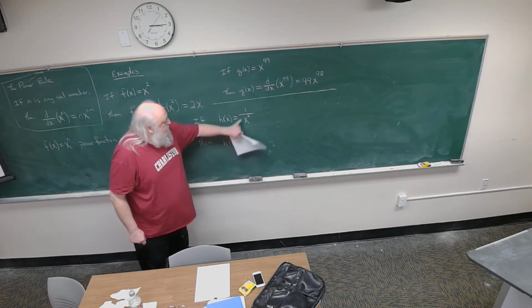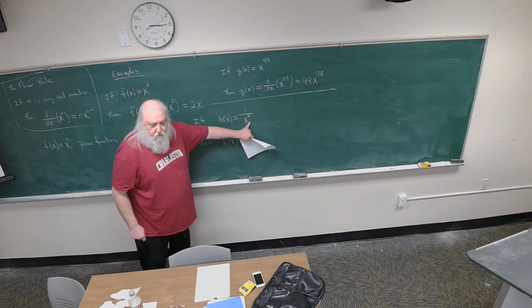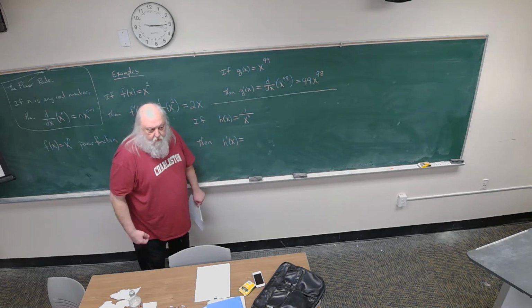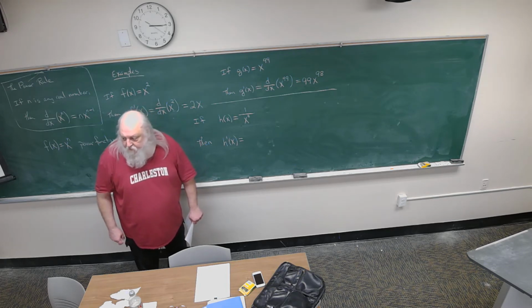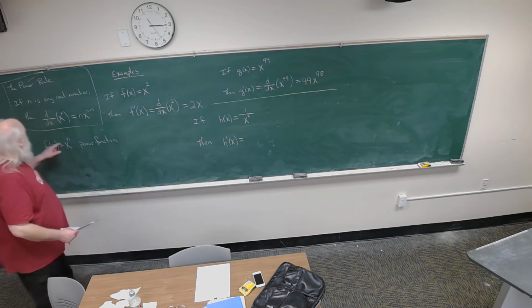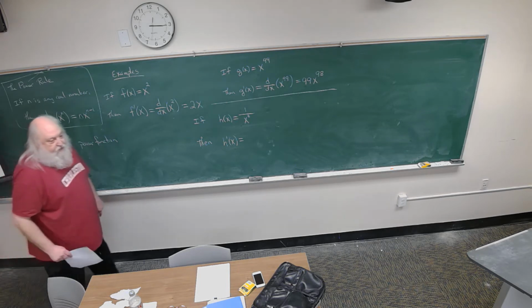Is h prime of x equal to 1 over, bring the 8 down in front of the x and subtract 1 from the exponent? Is that how you find that derivative? Or do we have some work to do before we can find the derivative? Because it has to be in the form of x to the nth power, and we don't have that here.